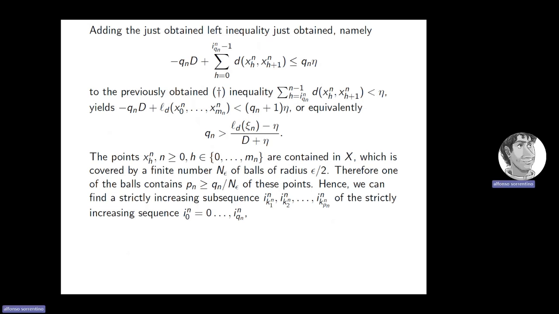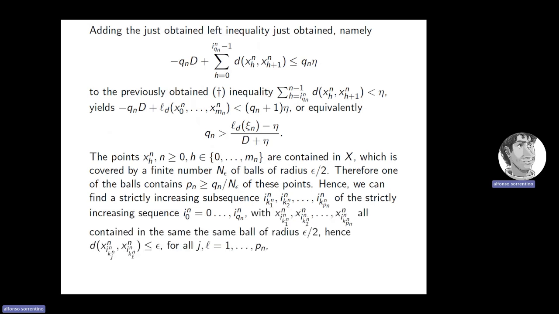Therefore, we can find a strictly increasing subsequence of the subsequence that we defined, so that the x_{n,i_{n,k_l}} for l between 1 and P_n are all in the same ball. P_n of them.